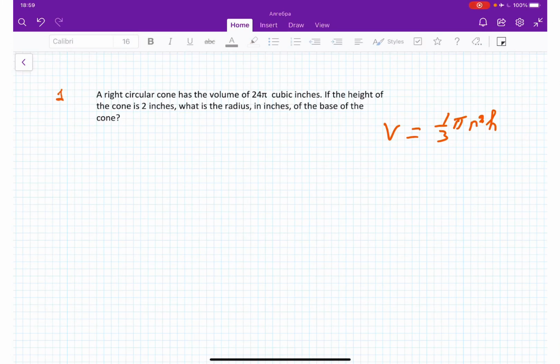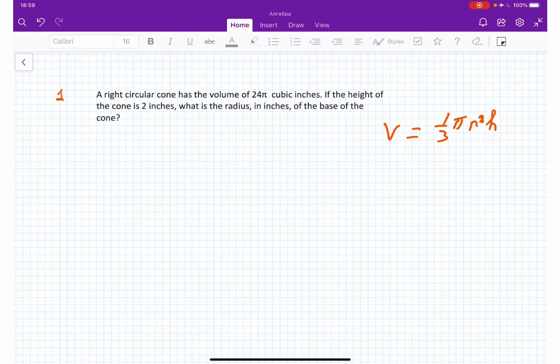Question number 1. A right circular cone has the volume of 24 pi cubic inches. If the height of the cone is 2 inches, what is the radius in inches of the base of the cone?